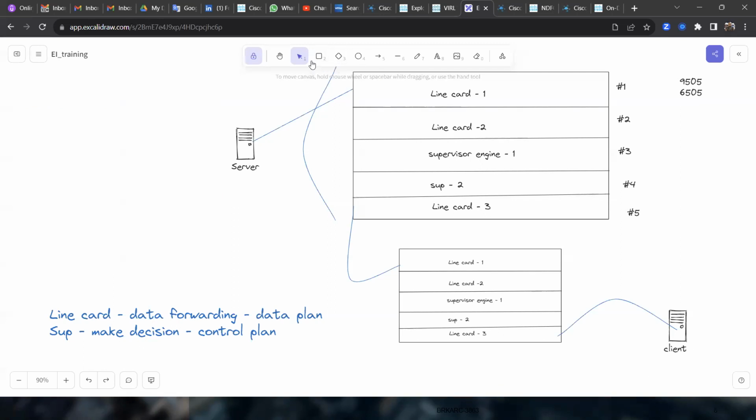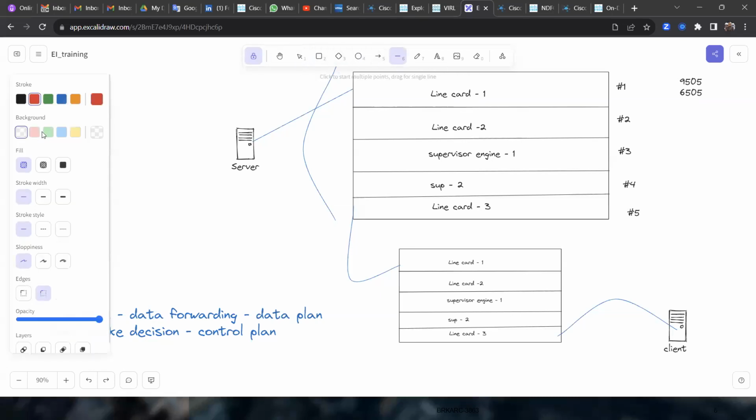So if you see in real time, the traffic flow will be like line card to line card. This server's MAC address will be learned by the first switch in the line card. The programming will happen, and then from that line card, from this layer 3 switch, the switch will build its routing table, because the routing table should somehow know that line card's MAC address.